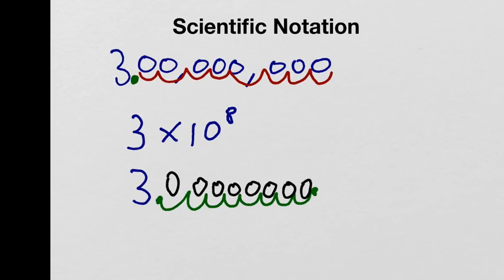It works just the opposite for small numbers, and I'll show you that right here. Say we were given a small number to work with, like 0.000051. Well, if we're going to be doing math like this, our numbers are going to get very small very quickly.